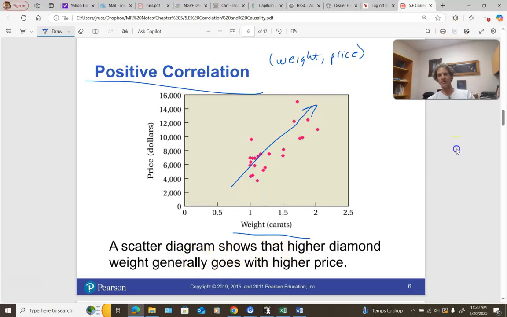prices in those diamonds. Now, there can be other factors that can affect the price of a diamond, the quality, for example, okay? And quality is measured in different ways for diamonds and gemstones, but that's probably also one reason these points don't form a tighter line.